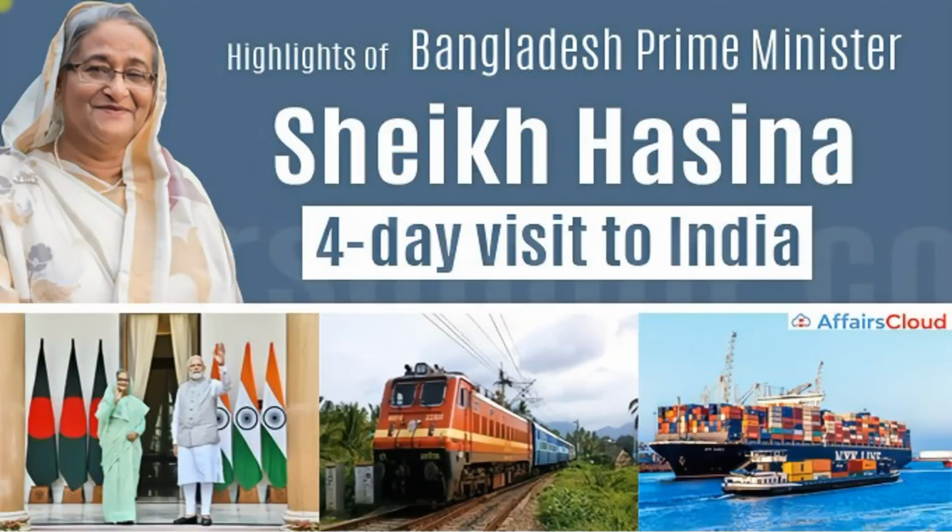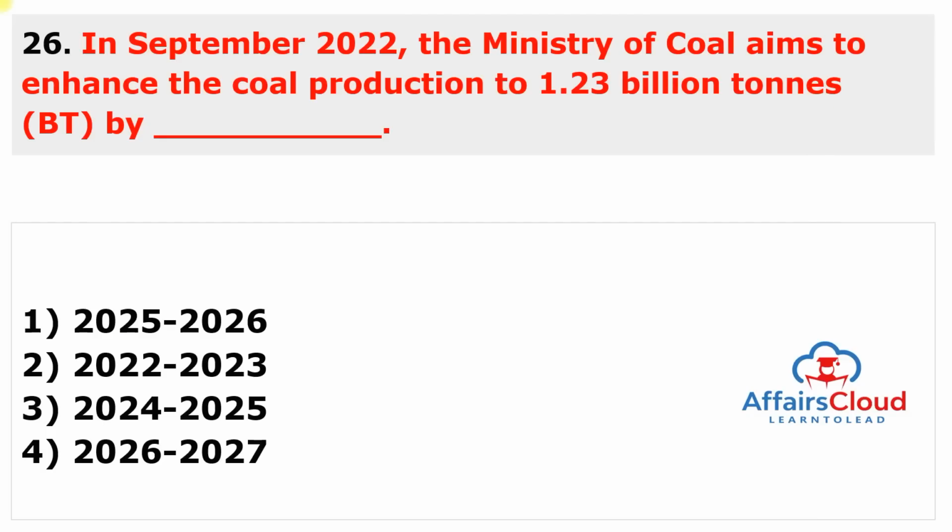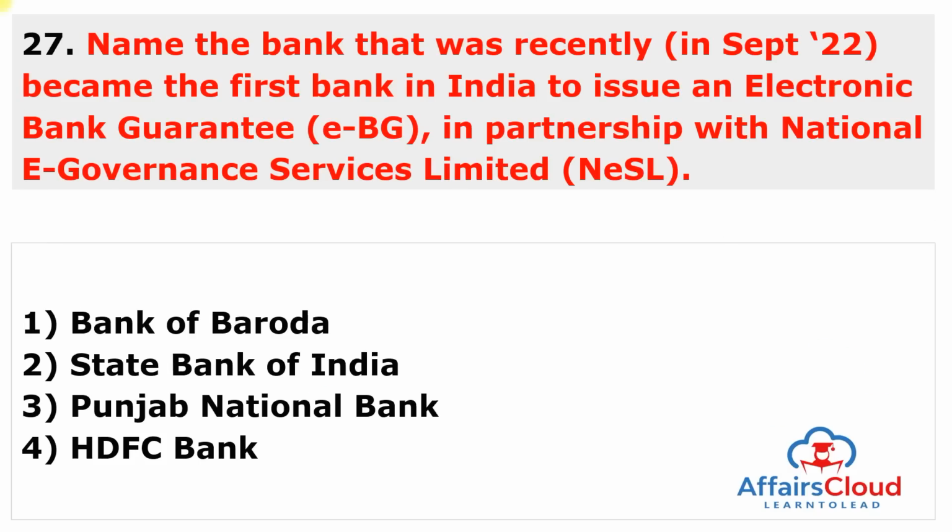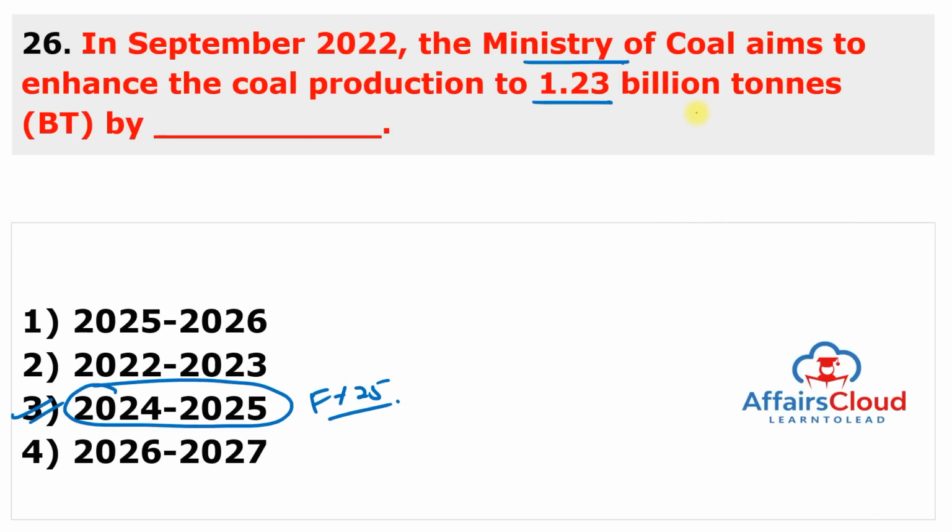Moving to next question. In September 2022, the Ministry of Coal aims to enhance the coal production to 1.23 billion tons by which year? So this is by 2024-25, it means financial year of 25. So the Minister of Coal aims to upgrade the coal production to 1.23 billion tons by the financial year of 25 to secure the energy security of the country.